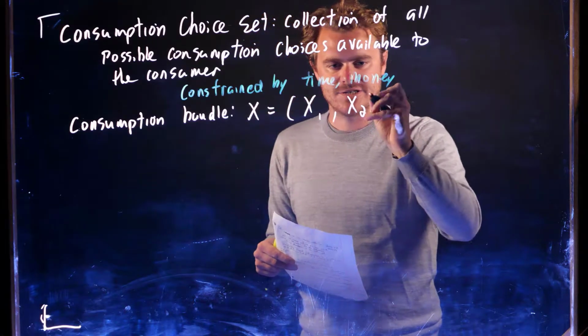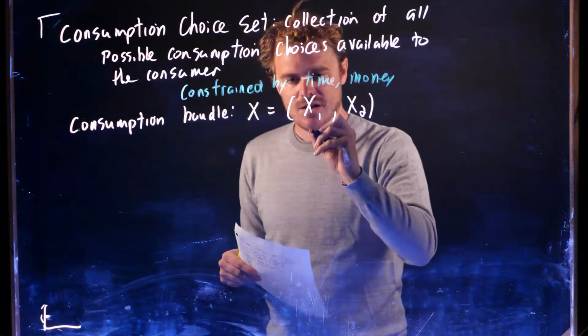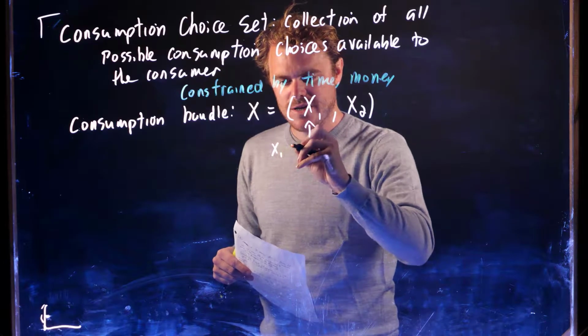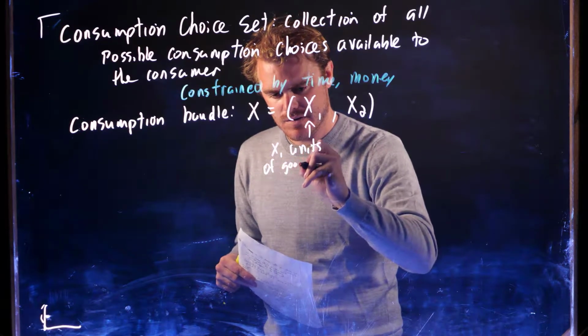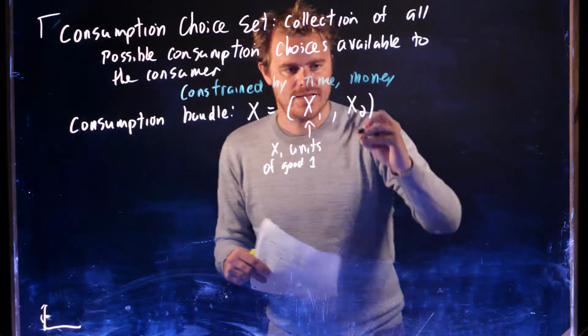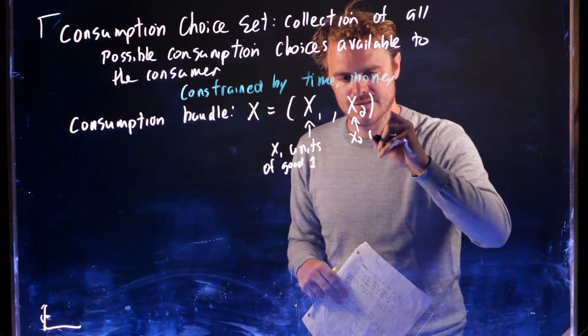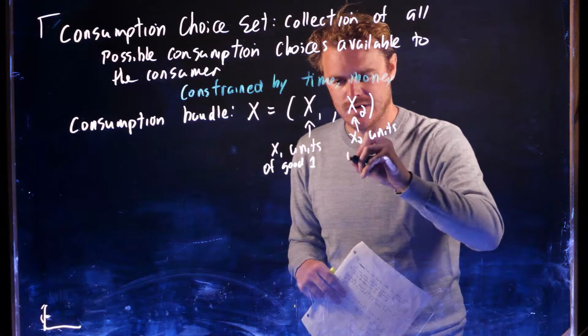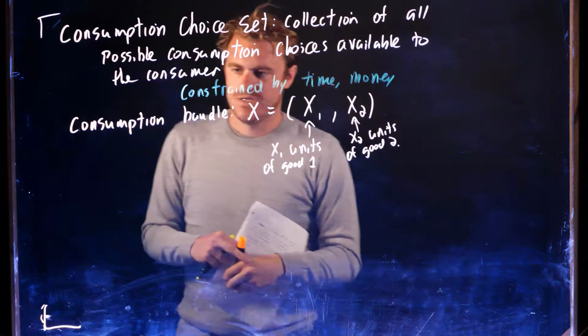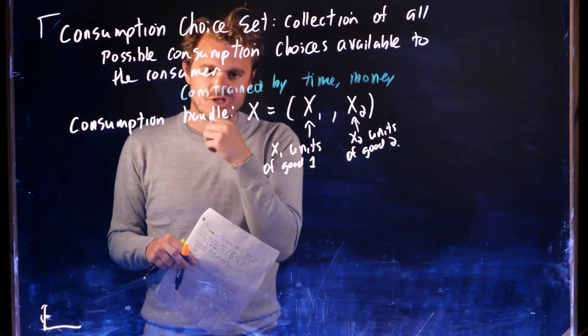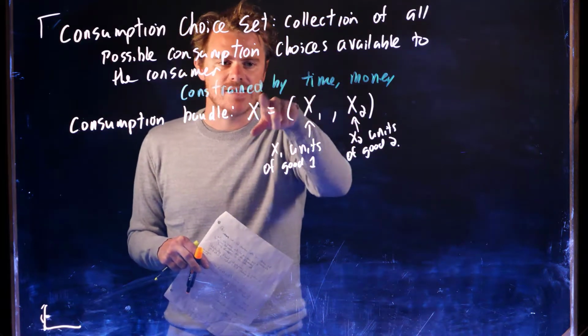You can think of it as a vector or just some set where we have X1 units of good 1 and X2 units of good 2. So a particular consumption bundle we can call capital X.